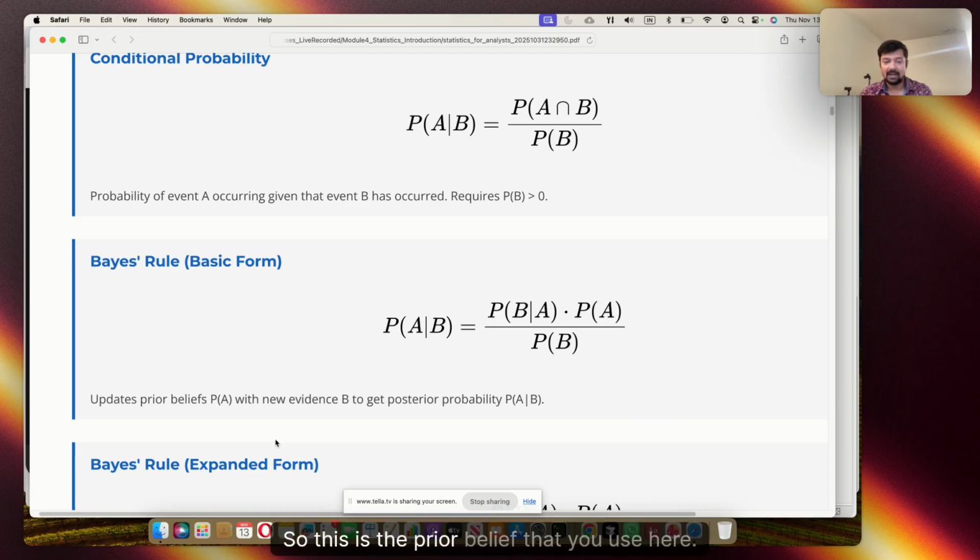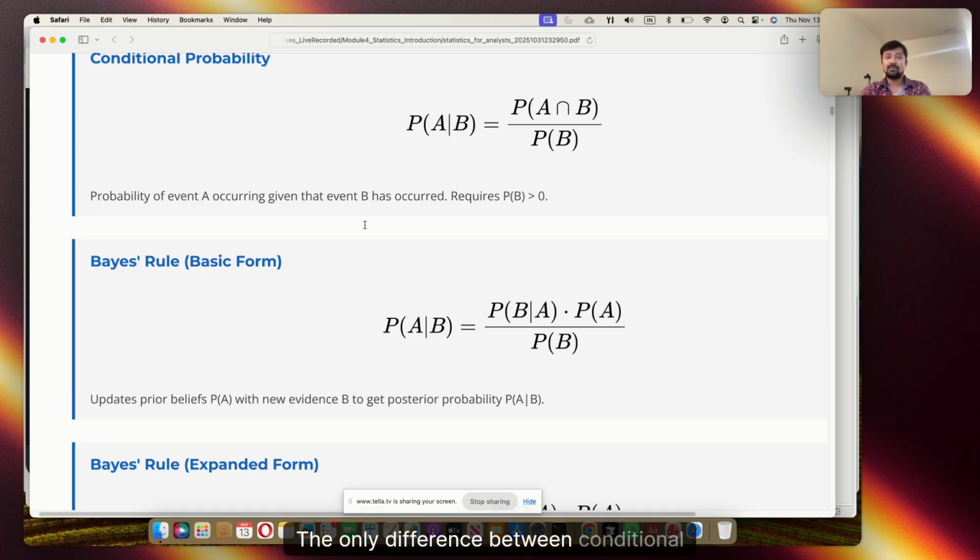This is the prior belief that you use here. You use the prior belief as the probability of A, which is the expected probability. The probability of B you already know, and then you use the probability of B given A, in which B is the event that already occurred and A is the prior probability. By doing this, you get the Bayes rule, the probability of A given B.